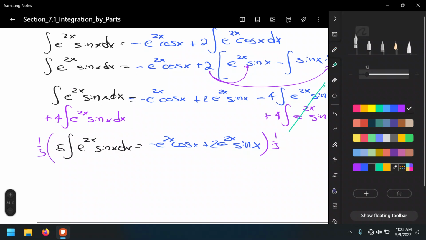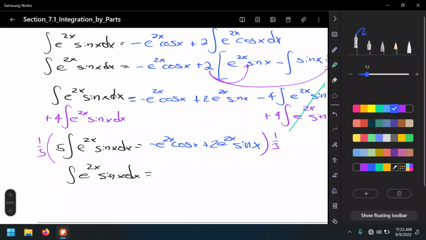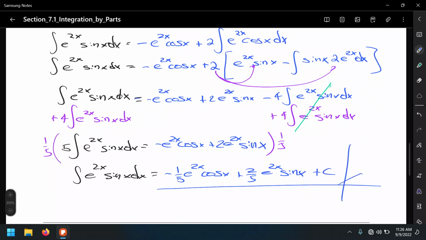Alright, so that's the integral of e to the 2x sine x dx. This will equal distribute the 1/5, that's negative 1/5 e to the 2x cosine x plus 2 times a fifth, that's 2/5 e to the 2x sine x, and this is the part where we add the plus c. And final answer.